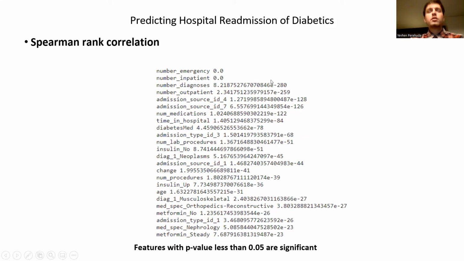The number of inpatient visits has a strong correlation with the readmitted value. Also, what is interesting, we matched the number of emergency calls from this patient in the past, and that admission source ID 4 and admission source ID 7 are very significant for correlation analysis.